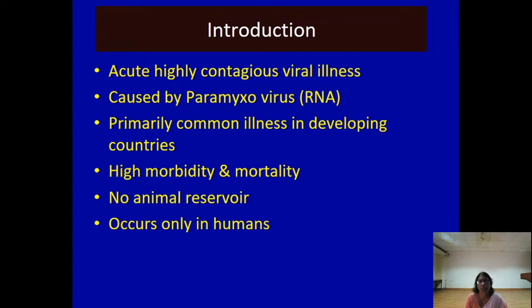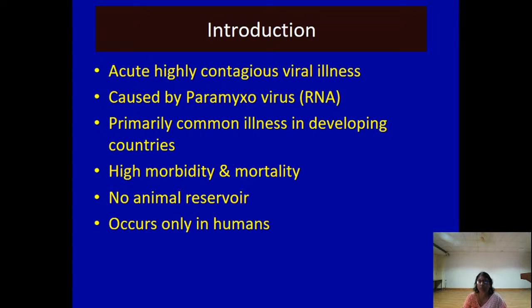Please remember that measles has no animal reservoir. It occurs only in humans. Why am I telling you about the reservoir? Because when you want to eliminate any disease, it depends on the reservoir of infection and also various other factors.